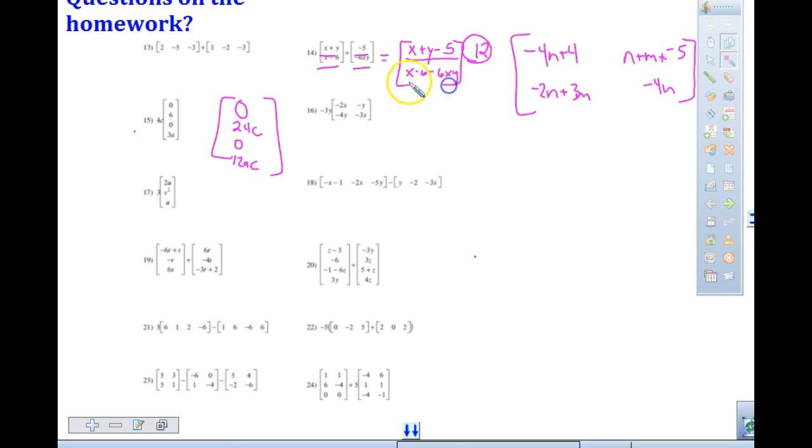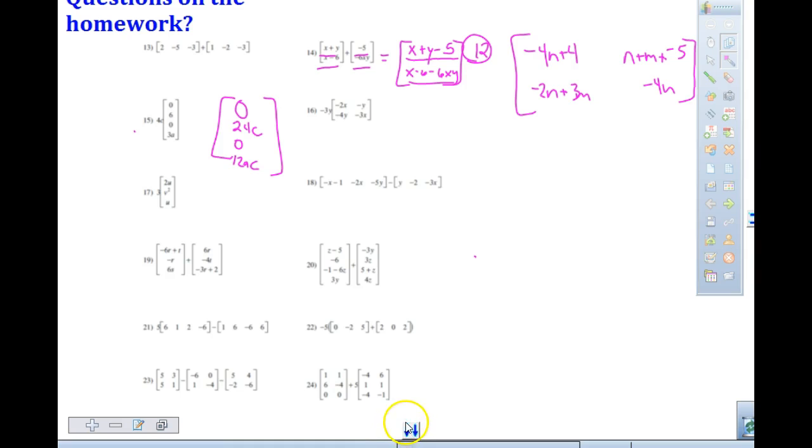That's just one term, okay? It's just that there's more terms in each one. Let's see, 18. So 18 is kind of similar to that. Make sure you check out the answers in the back, and if you really don't still get 18, check with me. And then if we look at number 23.